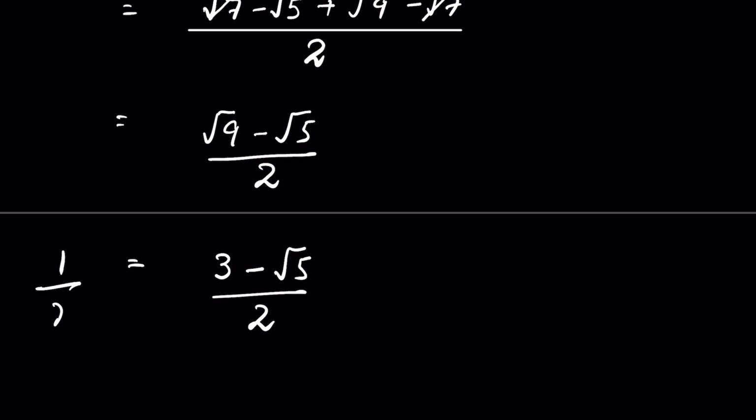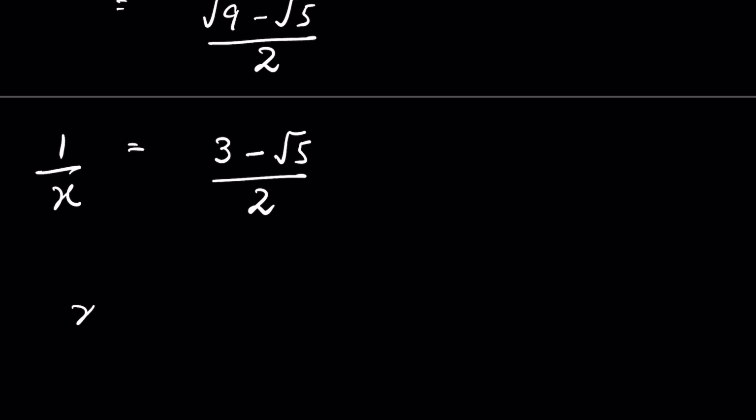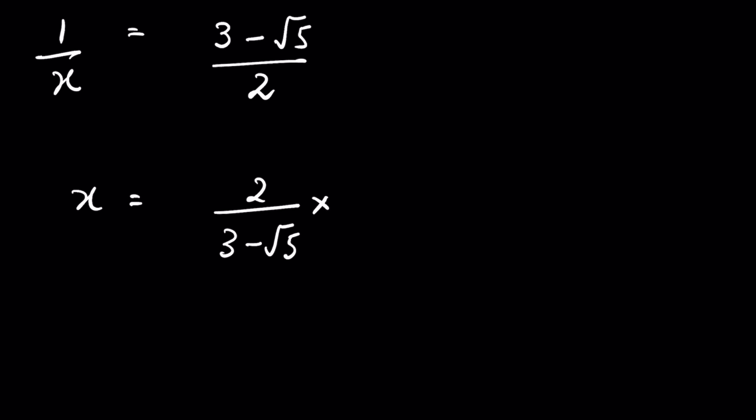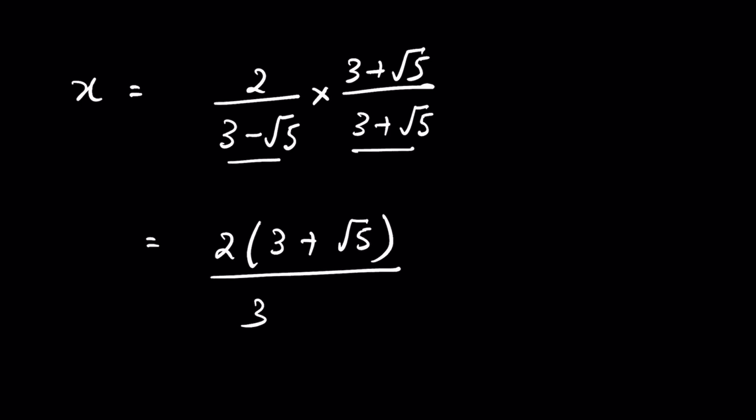So 1 upon x is equal to 3 minus square root of 5 upon 2, or x is equal to 2 upon 3 minus square root of 5. Again rationalize the denominator, multiplying by 3 plus square root of 5 upon 3 plus square root of 5. So 2 times 3 plus square root of 5, and this is in the form of difference of squares, so 3 square minus square root of 5 square.